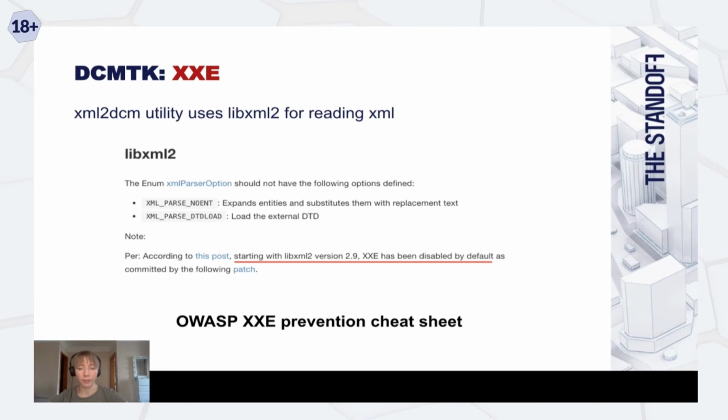So I decided to find out why it was like that. Let's just take a look at the OWASP page. They use the libxml2 library to read the XML files, and that's what OWASP says about it in the XXE injection context.